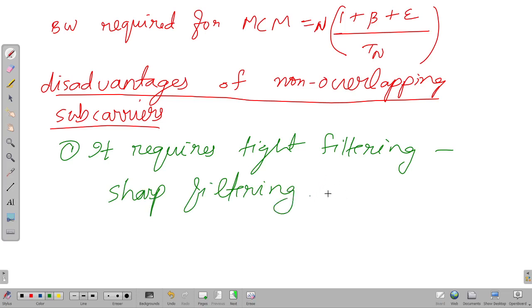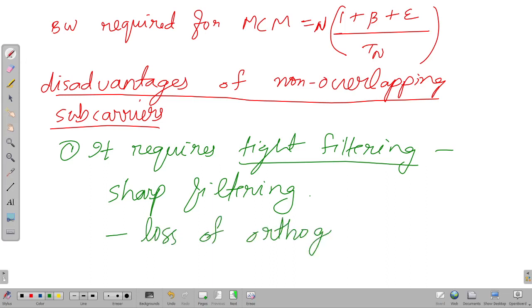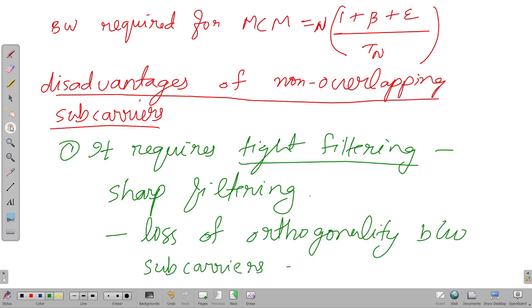It is very difficult to design band pass filters which have this tight filtering. And if tight filtering is not satisfied, then what happens is loss of orthogonality between subcarriers.